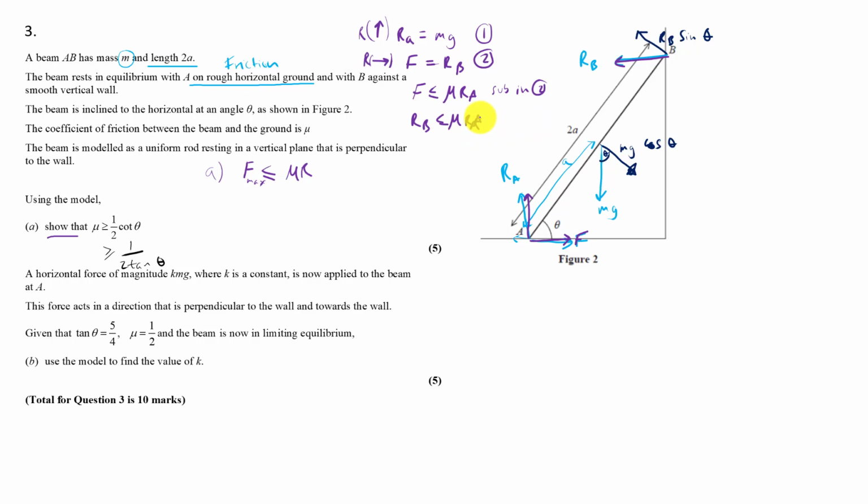Then sub in 1 where RA is mg. We then get RB is less than mu mg. There are so many steps here, and I can see why students will struggle with this question. Year 2 mechanics is very challenging.